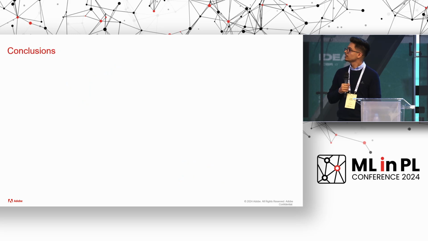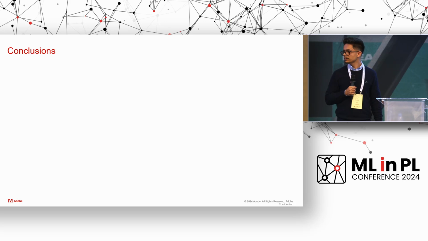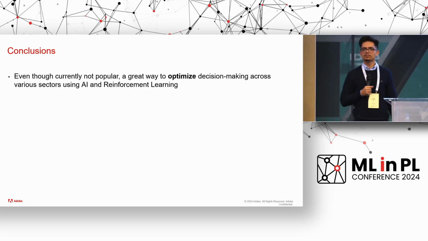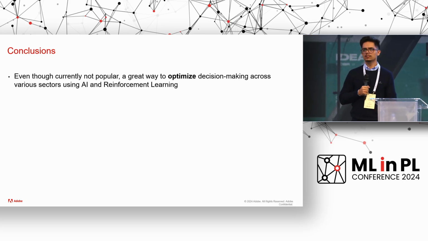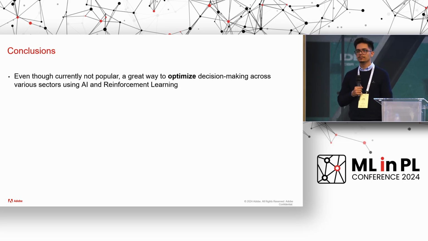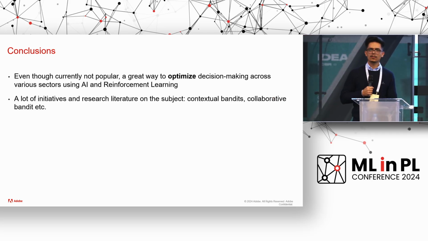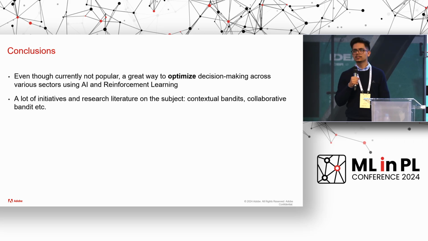Okay, so some conclusions about this little research that we made. Even though they're not very popular at the moment, they're a great way to optimize decision making across various sectors using AI and reinforcement learning. And there are a lot of initiatives and research literature on the subject.